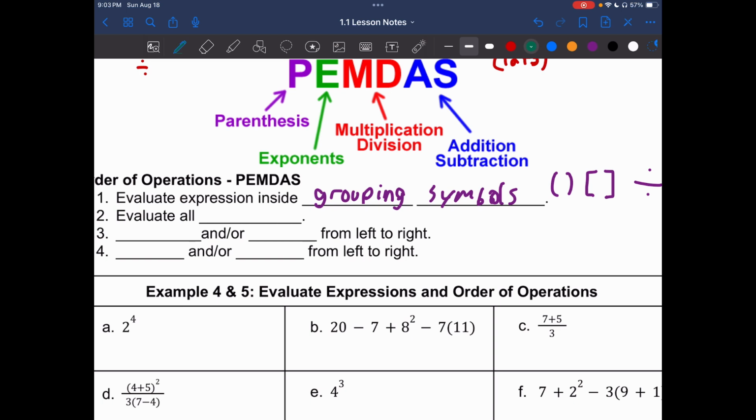Now, our next one is E. Evaluate all exponents. Okay, so all of our exponents get applied. Next up, we have in red here, multiply or divide.